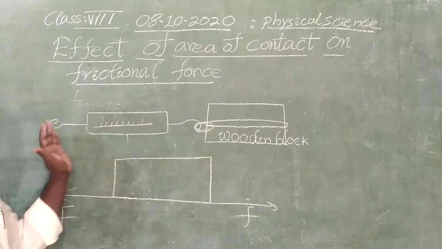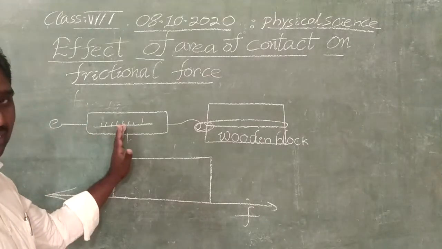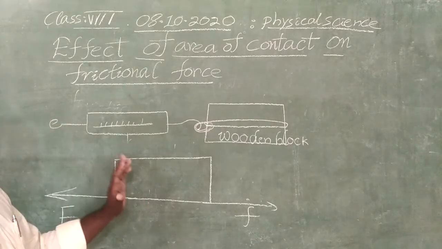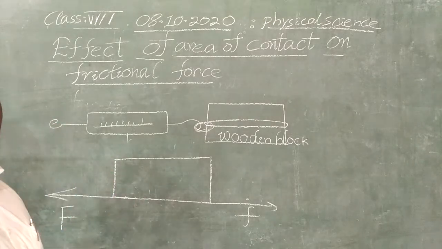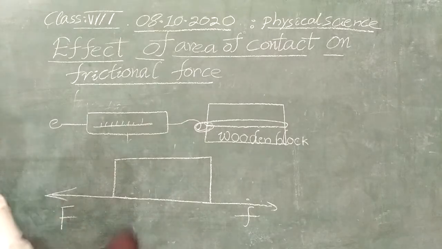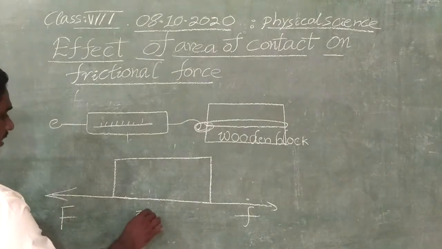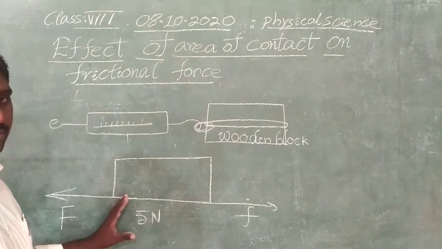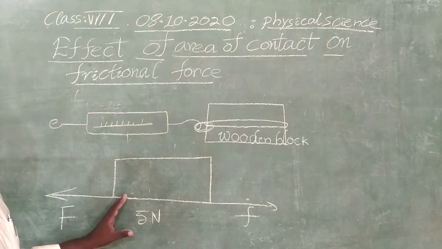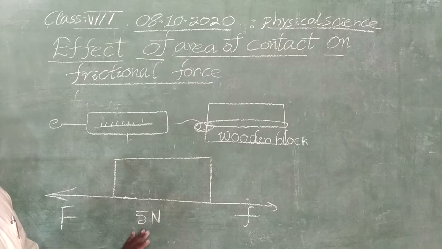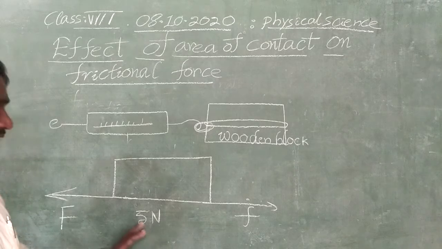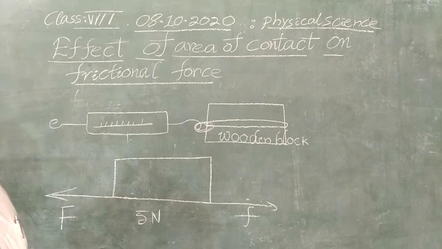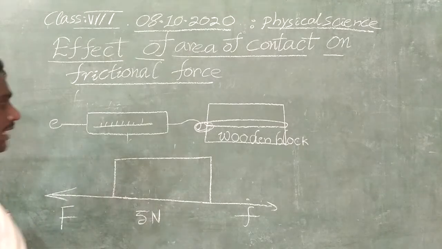Now, with the help of a spring balance, we can measure the amount of frictional force offered by the wooden block on the floor. Let it be 5 newtons. You can apply a 5 newton force. The frictional force offered by the wooden block on the floor is 5 newtons.